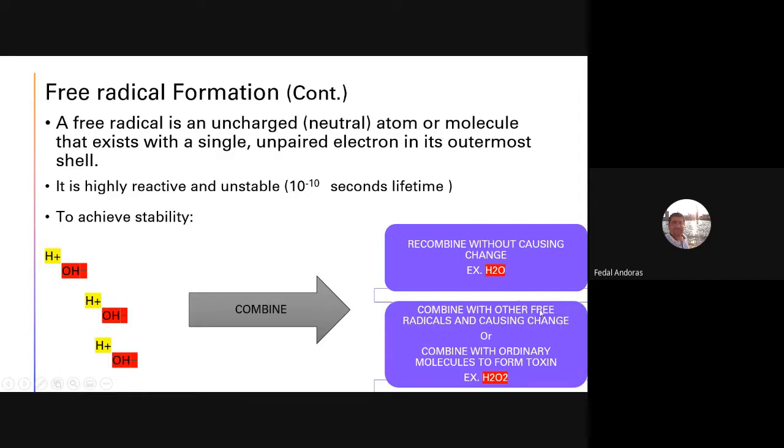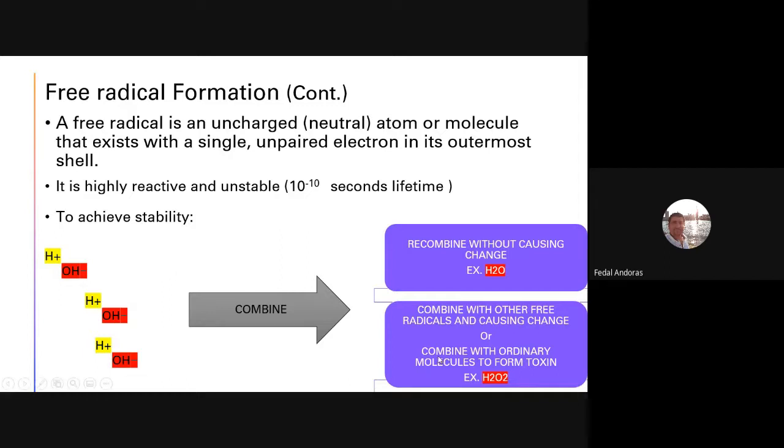Other free radicals in the body, we have carbon, we have other atoms in the body. If these are combined with these free radicals, there might be change, and the change will be either good or not, according to the new molecule or new combination.